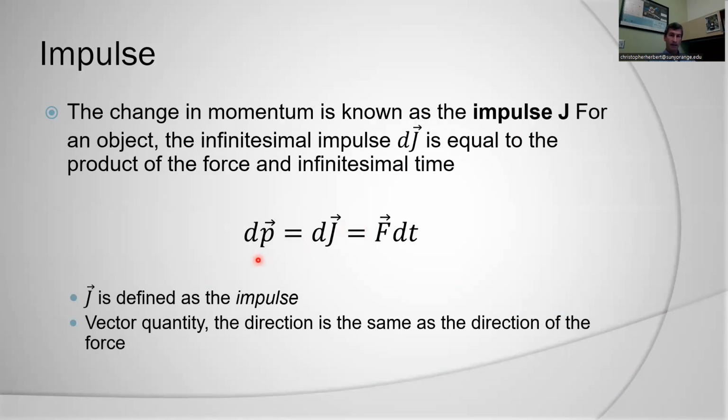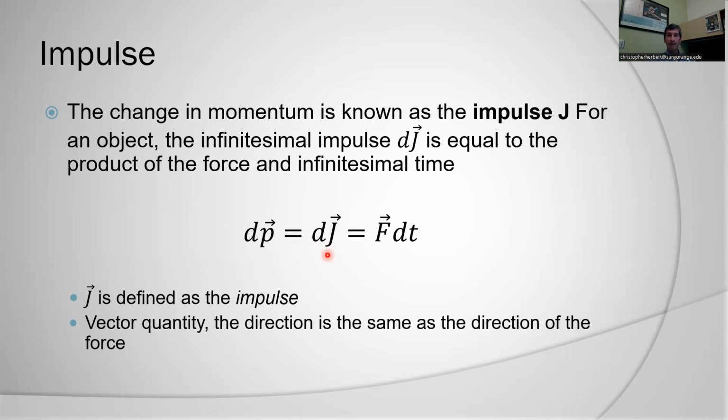Now, we can write the infinitesimal change in momentum, dp. The textbook that we use uses J. Unfortunately, J is used for a lot of other different quantities, but we're going to use J here.